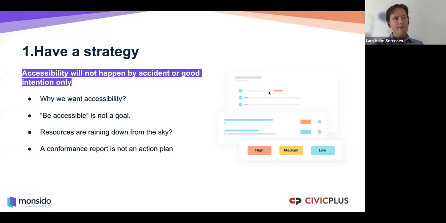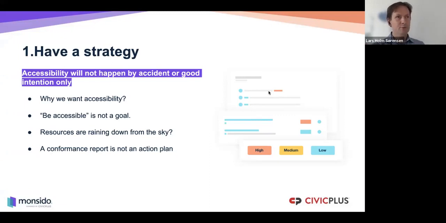And then do have some kind of proper action plan that you want to follow. I often see people start by getting some kind of accessibility assessment or accessibility test, getting their website scanned for accessibility. And it's definitely a good starting point. But in some organizations, I see it just kind of stops after that.